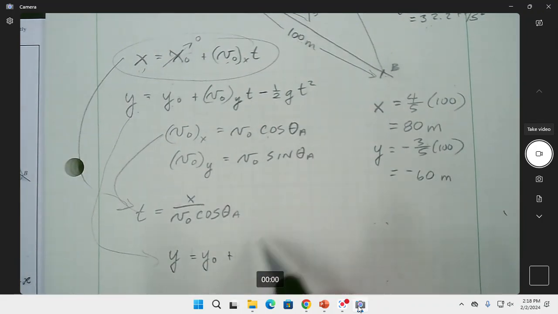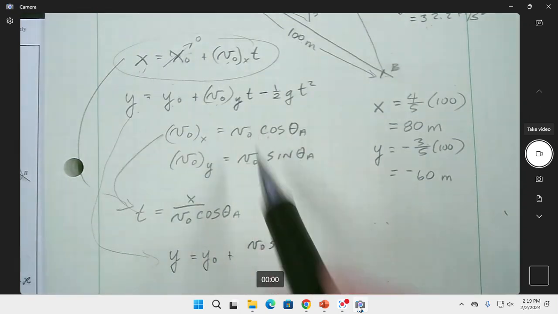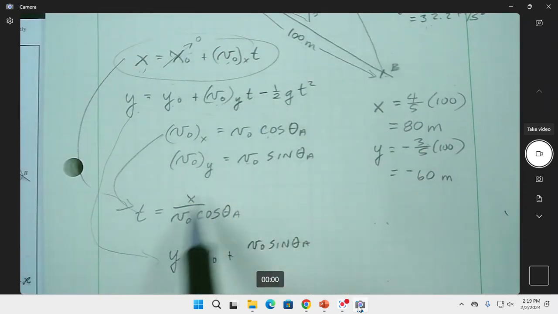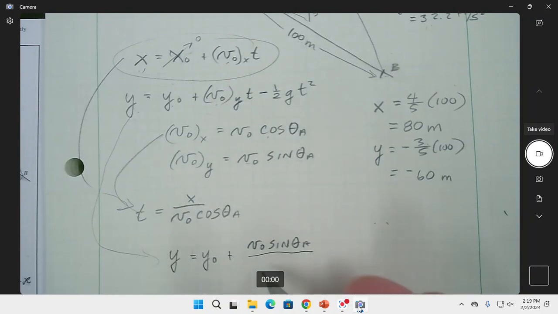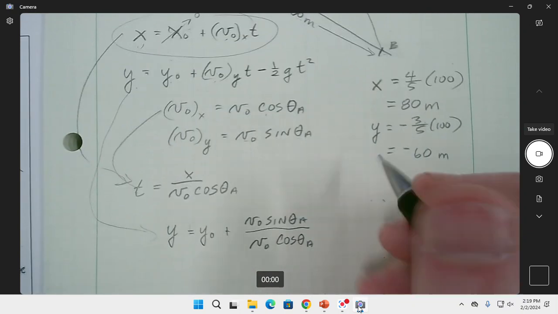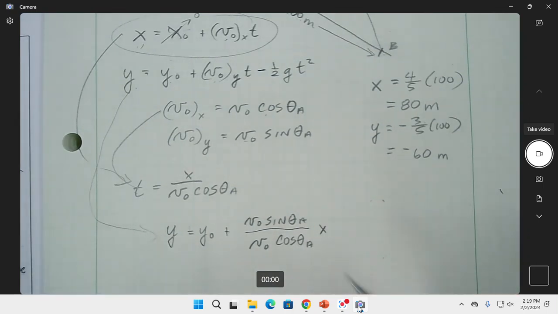Frustrating. So I'm going to replace this with V0 sine of theta A, and replace this t with this t right here. So I'm going to put the denominator over there, V0 cosine theta A, and then the x gets put right in there.